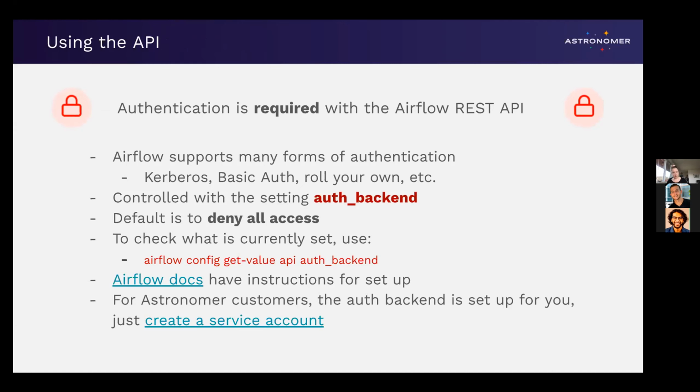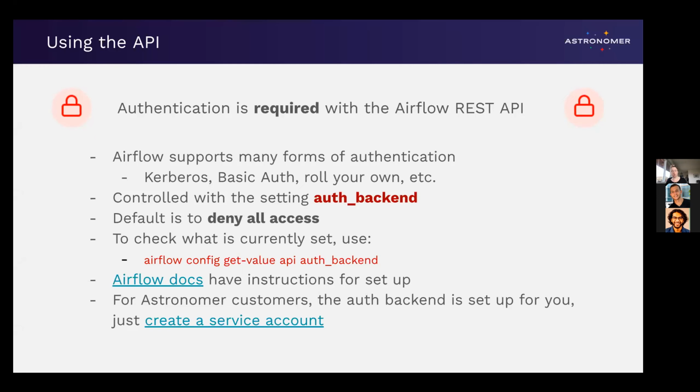Before that was not the case. You cannot use it in your Airflow environment without using some form of authentication. A bunch of different forms are supported. Airflow has great documentation on how to set it up for some of the more common forms like Kerberos, Basic Auth, things like that, but you can also roll your own.